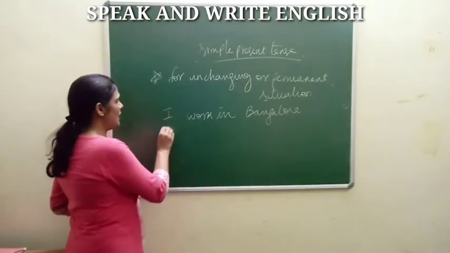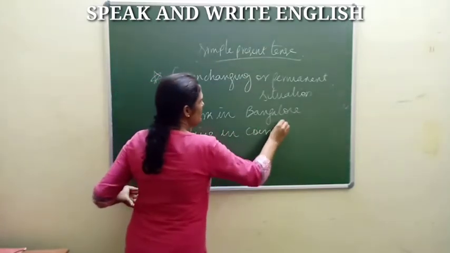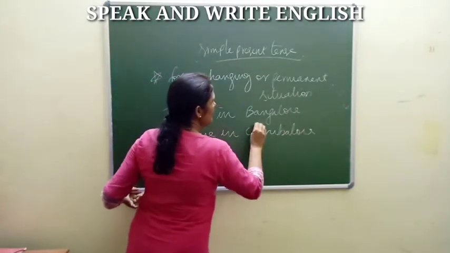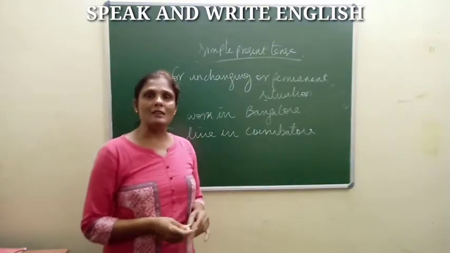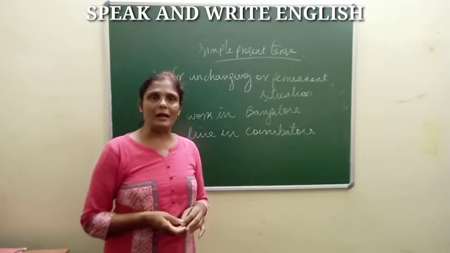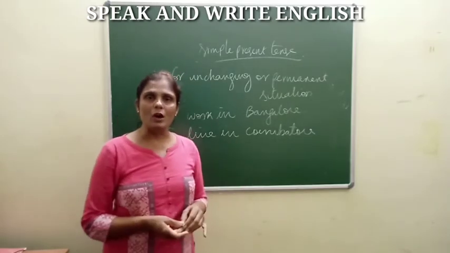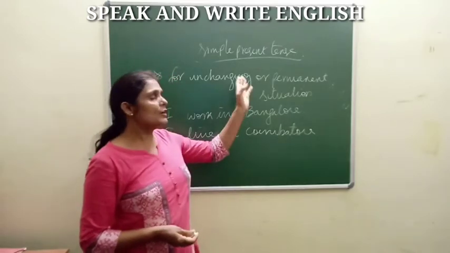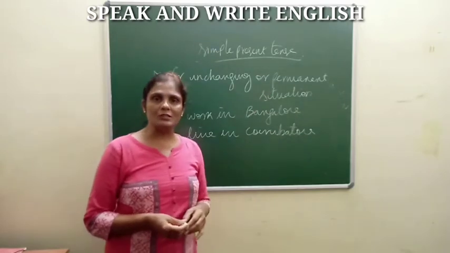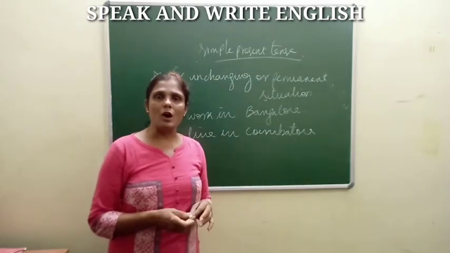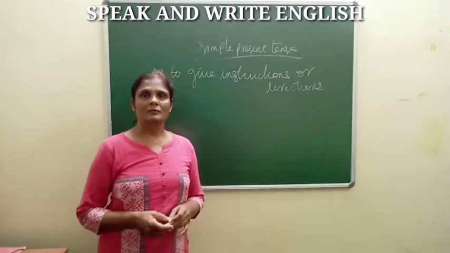Again, I say, I live in Coimbatore. So this is my permanent residence. Maybe I may go out and I come back, but my permanent residence will be Coimbatore, which I am going to stay for a longer period of time. So whenever we are going to talk of an unchanging situation or a permanent situation which is going to be there for a longer period of time, we make use of the simple present tense.